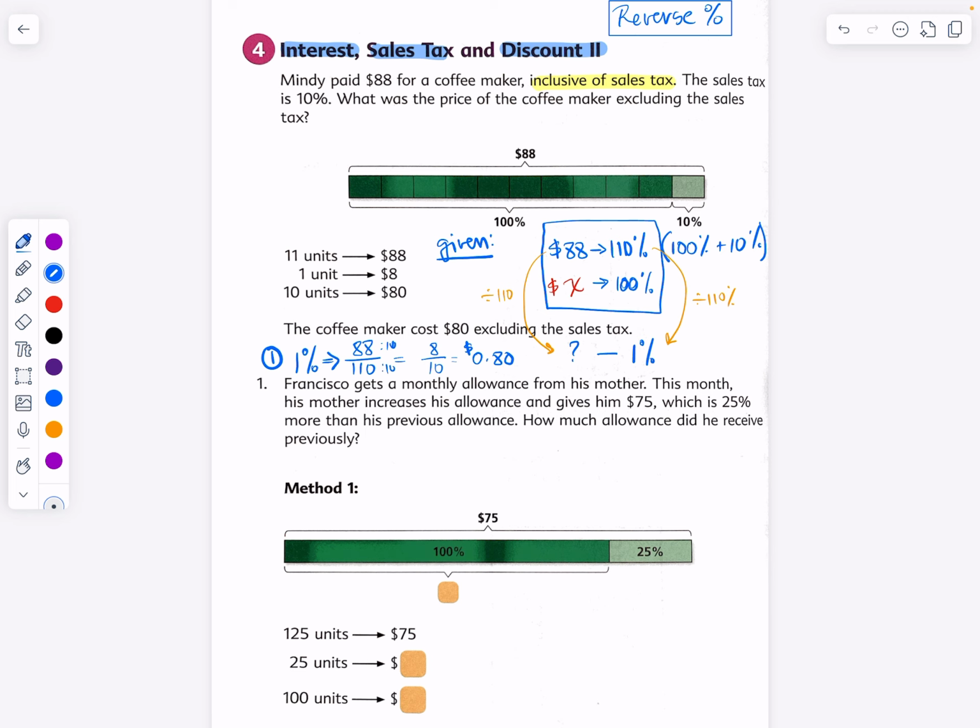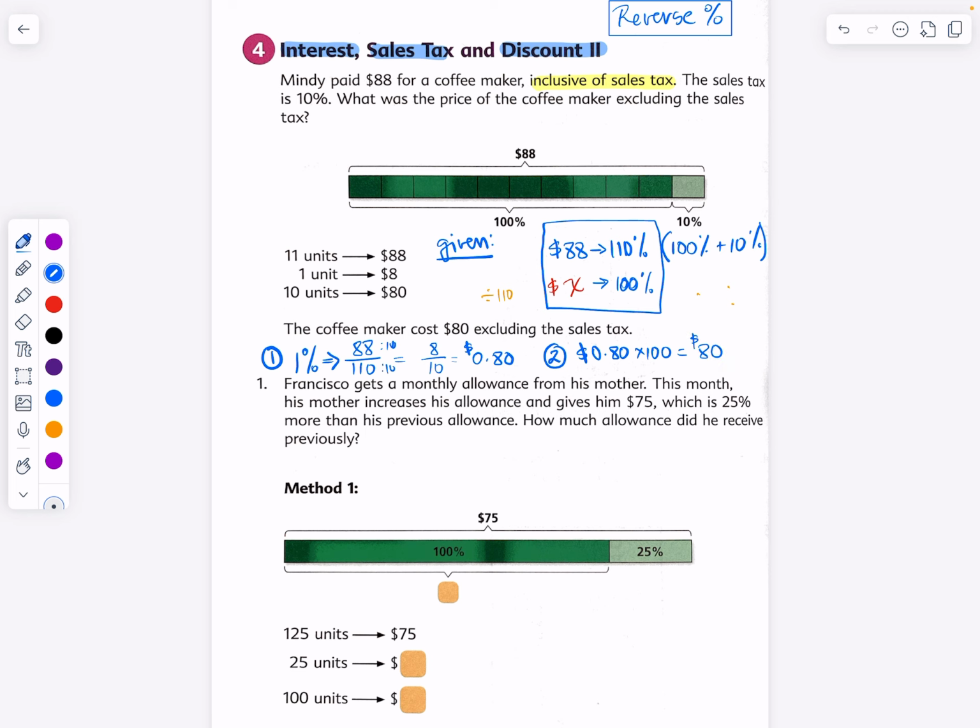Step 2 is, let me erase this and clean it up a little bit. Step 2, 80 cents times 100% gives you $80.